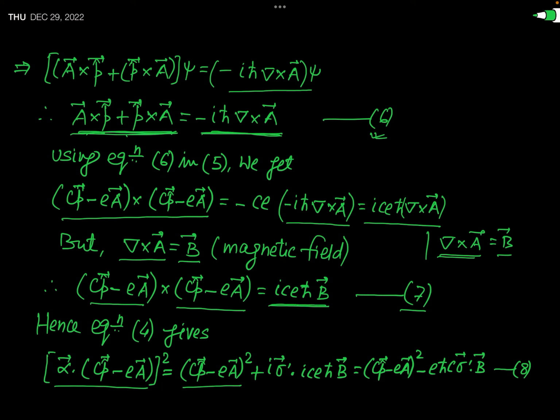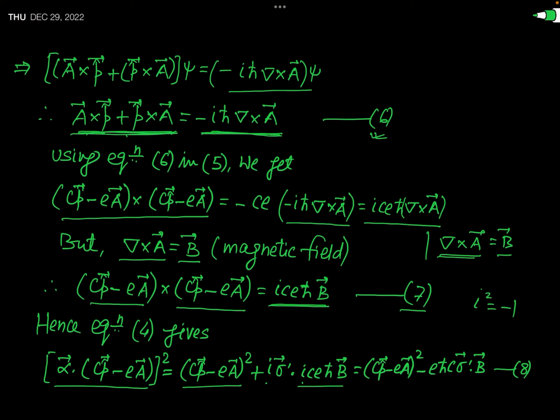This is i c e h bar B. So instead of that factor, I have written here i c e h bar B. And this i times i will be i square, and you know i square is equal to minus 1.